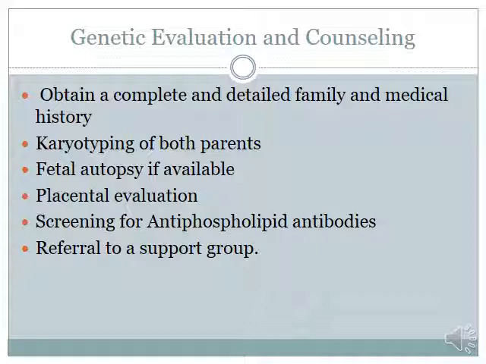Also obtain fetal autopsy results, maternal, paternal, and fetal karyotyping if possible, as well as a placental evaluation. You can also have screening for antiphospholipid antibodies, and you may need to refer the parents to a support group.